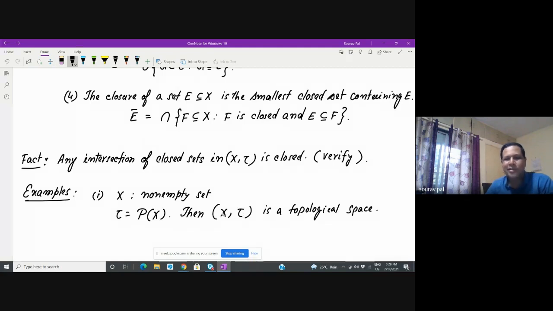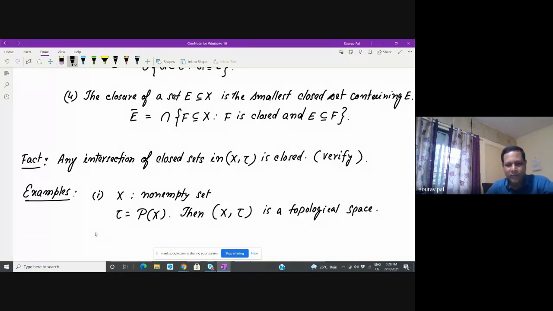This topology is a kind of trivial topology. This is what is called the discrete topology. Discrete topology means all sets are open sets here. This tau contains all the subsets, so all sets are open here.